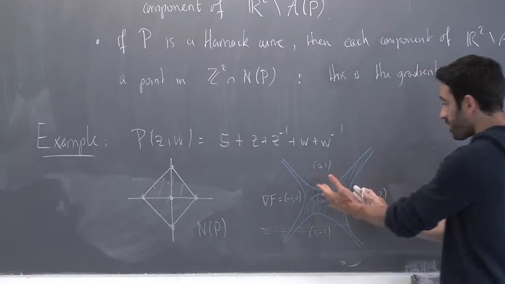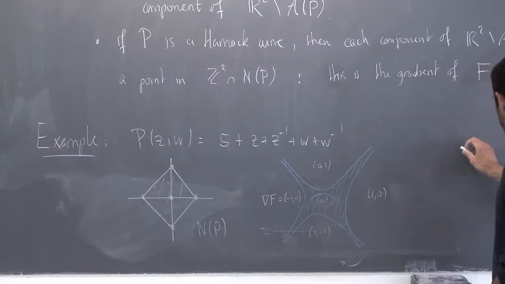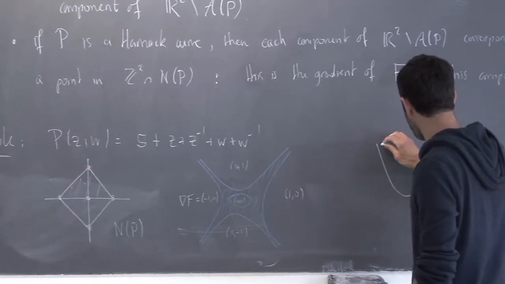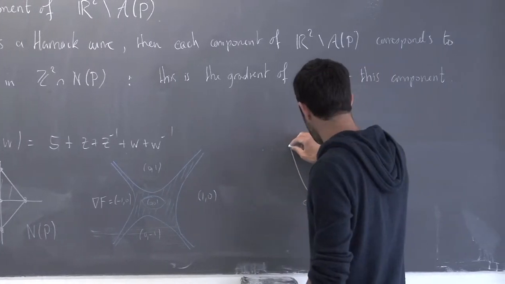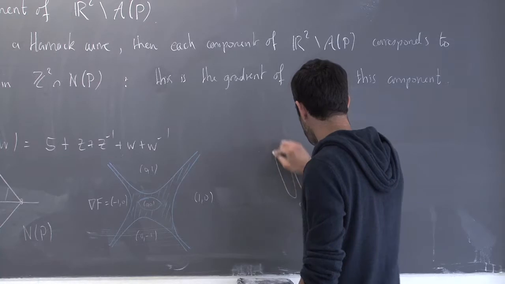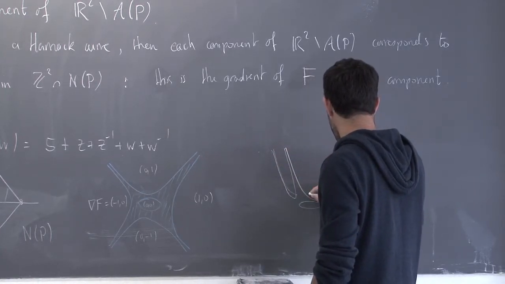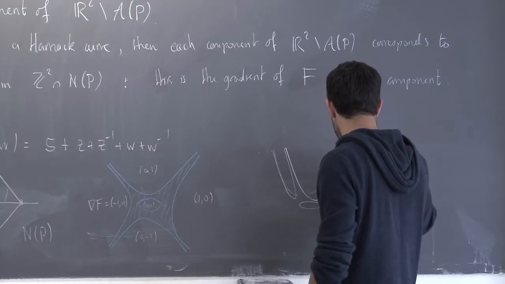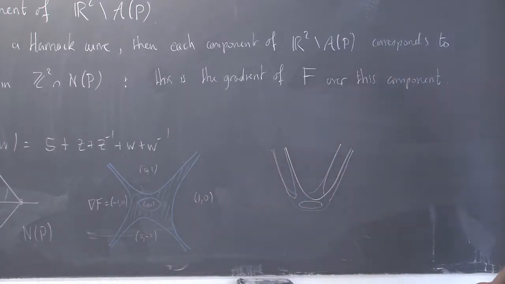You see, and it's going to be strictly convex on the rest, so I can try to draw the graph of the function. Something like that, right?